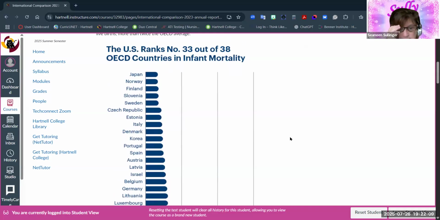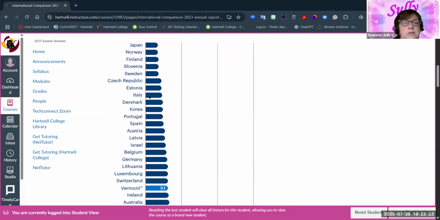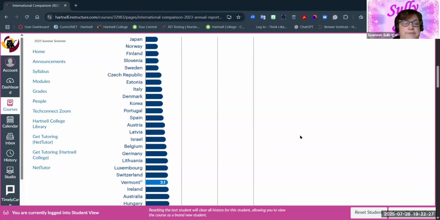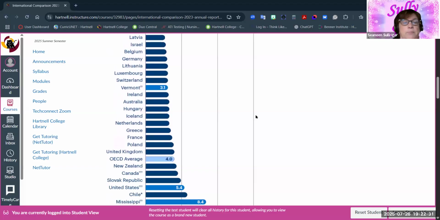It also does break down some of the states in the United States, almost as if they were countries, because that's where their number falls. So out of 38 countries, the US ranks 33 out of 38. You can see that Sweden, Italy, Denmark, Korea, Austria all have less infant death. Germany, Luxembourg, Sweden. Vermont is not too bad.